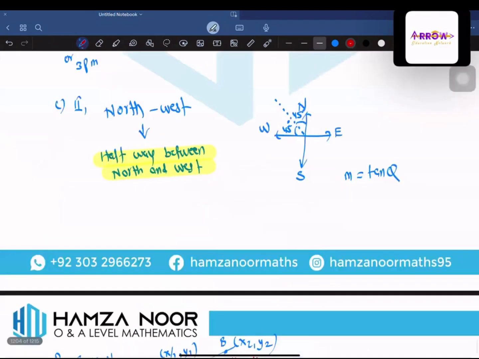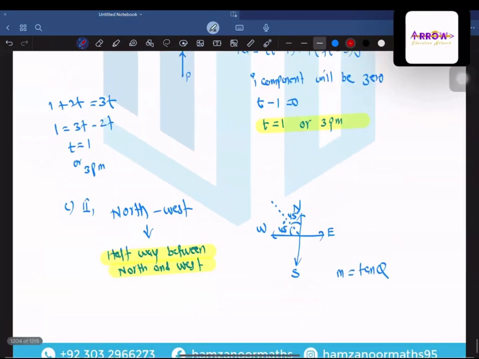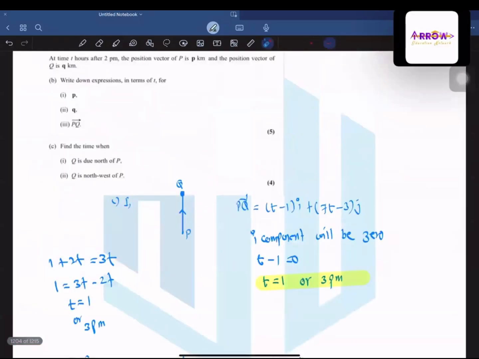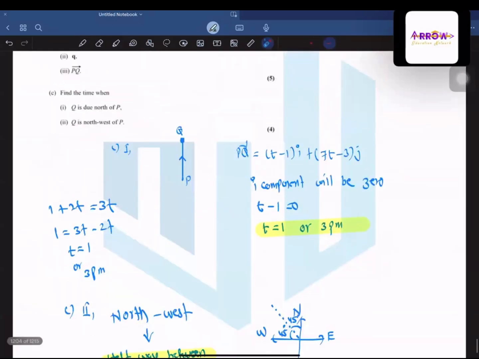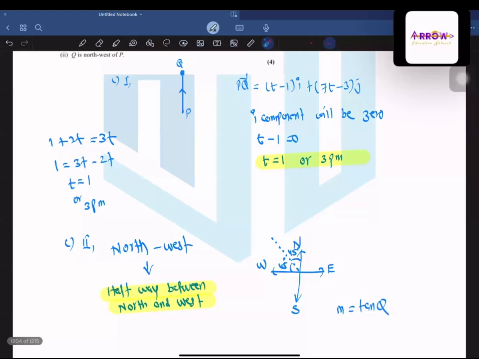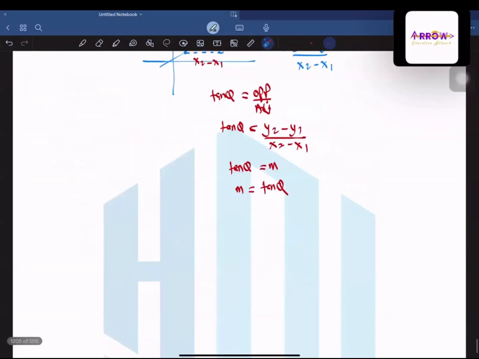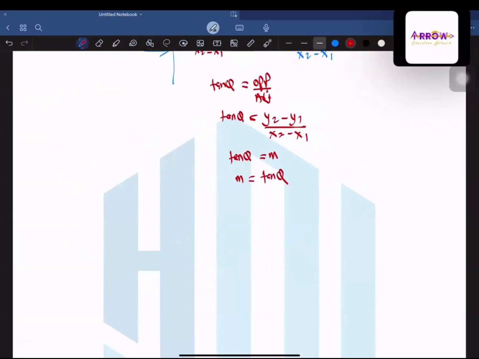So what you need to understand is that ship Q is northwest of P, meaning ship Q is halfway between north and west from point P. Here I can say that ship Q is somewhere over here, ship P is somewhere over here, and here is the PQ vector.